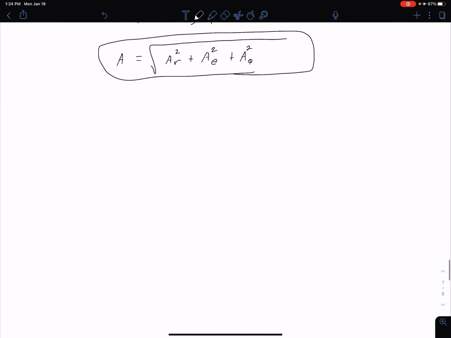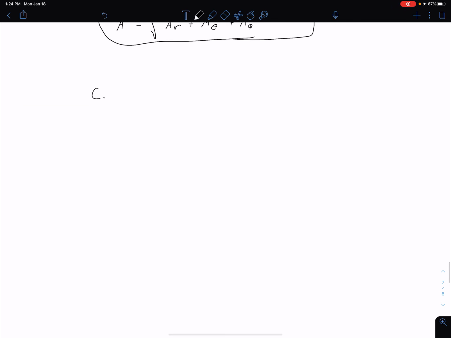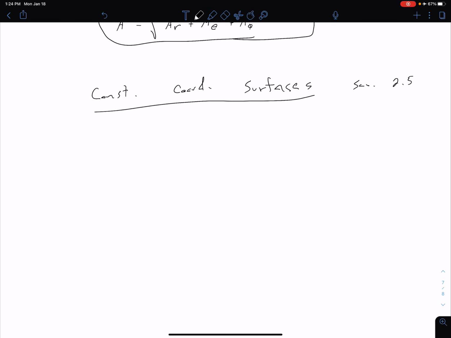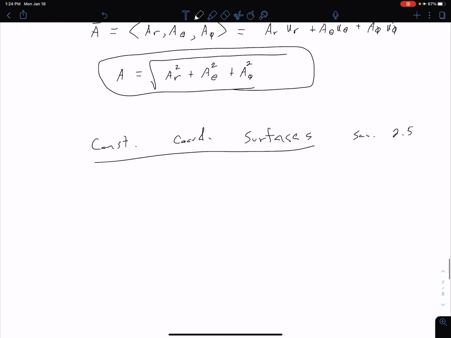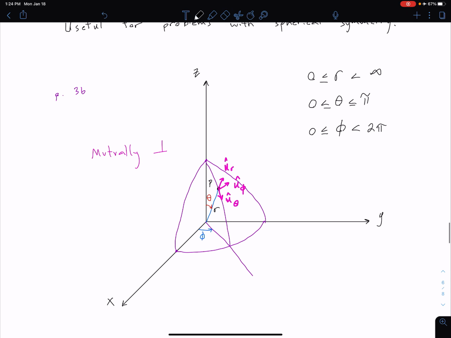And then again, really briefly, we can talk about our constant coordinate surfaces. If you want some more detail on this, you can look at section 2.5 in the textbook. We just think about setting any one of these 3 equal to a fixed value with the other 2 being allowed to vary.